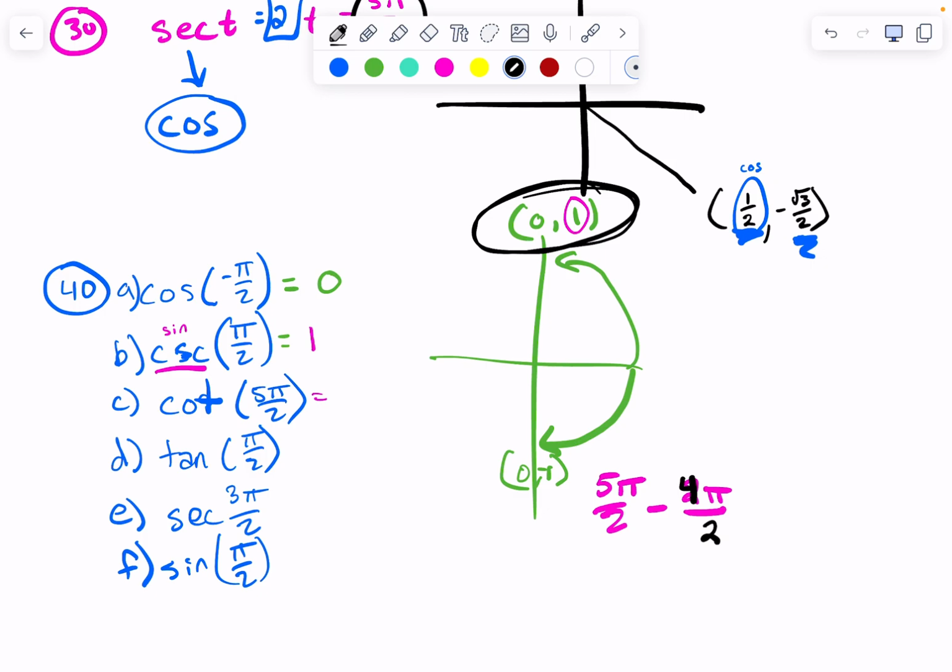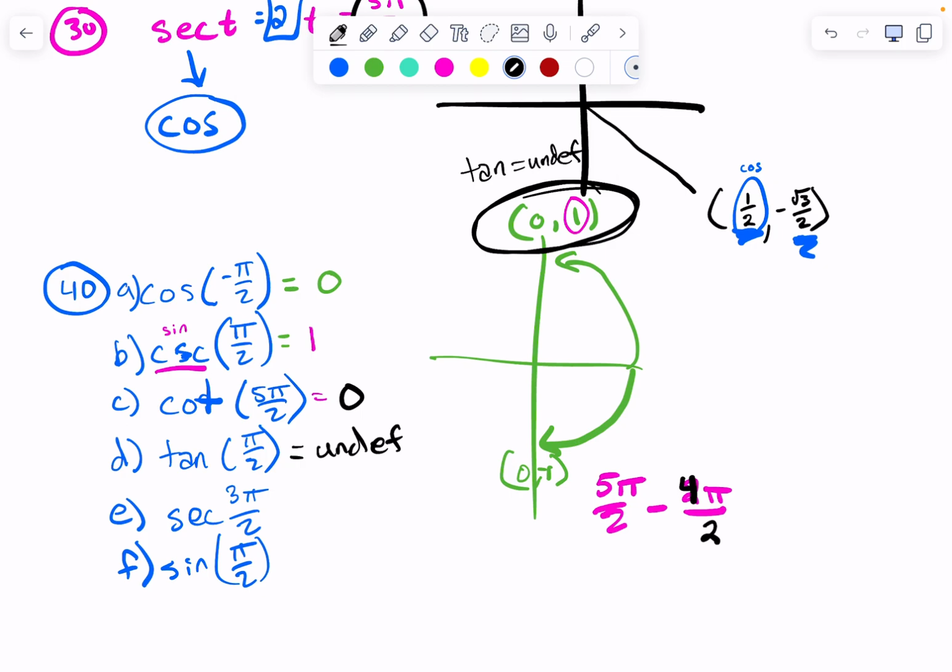Tangent of 90 is undefined. What's the reciprocal of undefined? 0. Cotangent's going to be 0. Tangent and cotangent are reciprocals of one another, so tangent of pi over 2 answers your question for D. You almost had to do D before C. Undefined for that one.